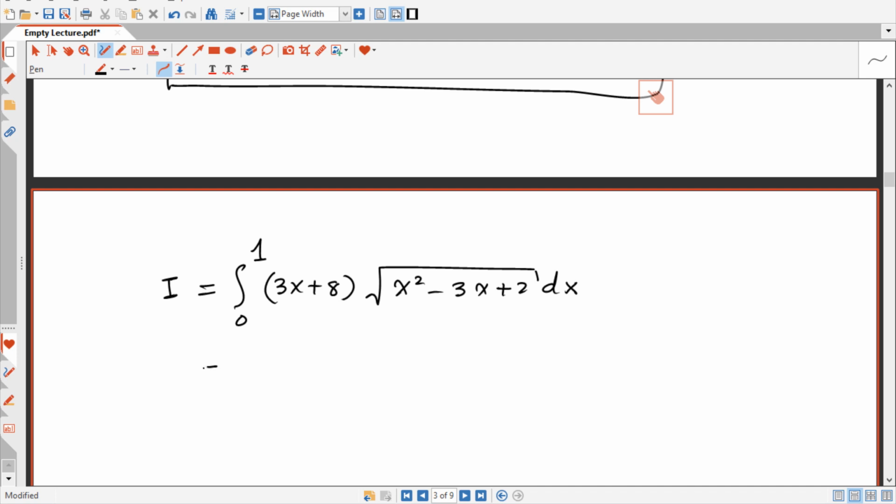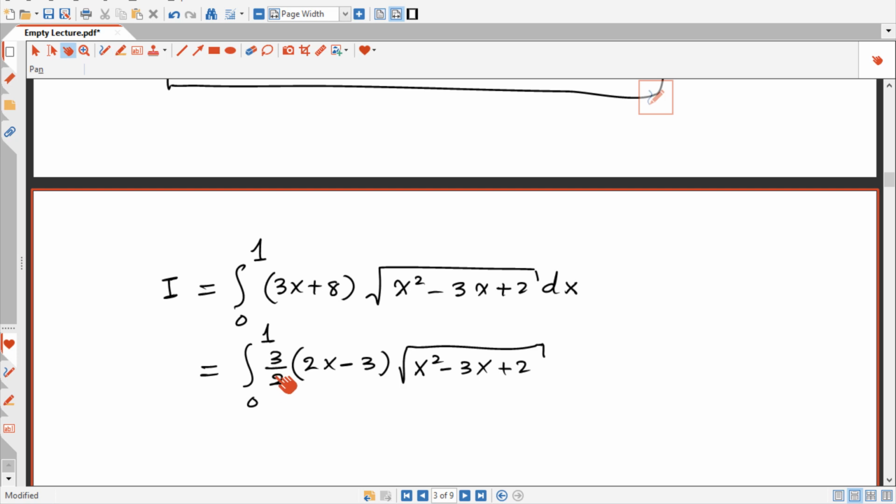Okay, so to do this, I will write this integral from 0 to 1 of 3/2 times (2x minus 3), that's the derivative of this quadratic term here, multiplied by the square root of x squared minus 3x plus 2. To get the 3x out of 2x, we have to multiply by 3 by 2.